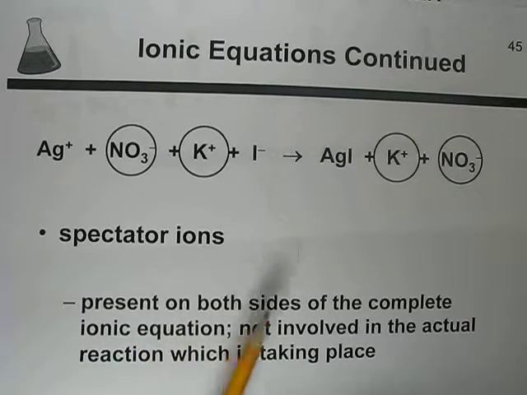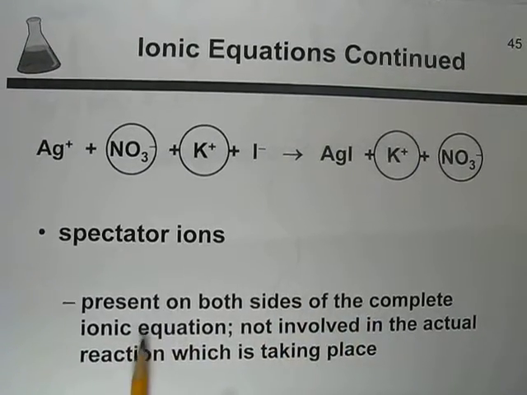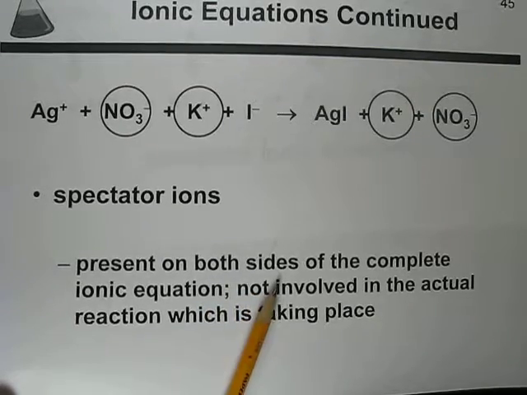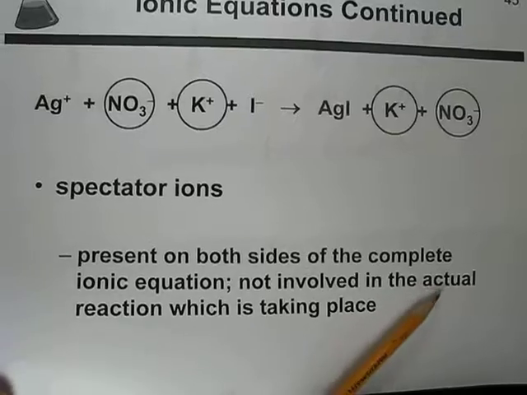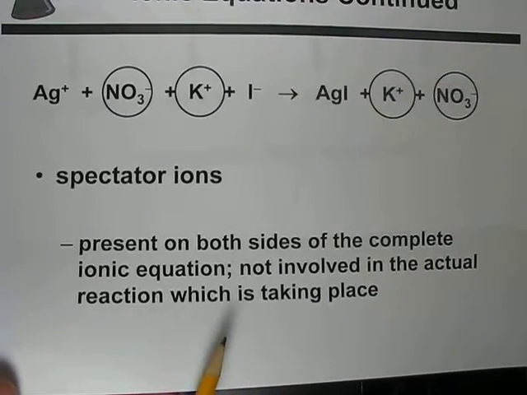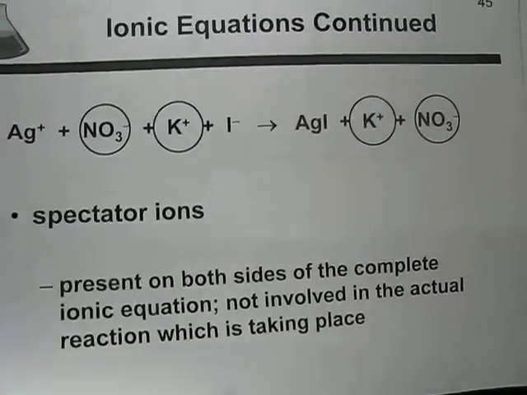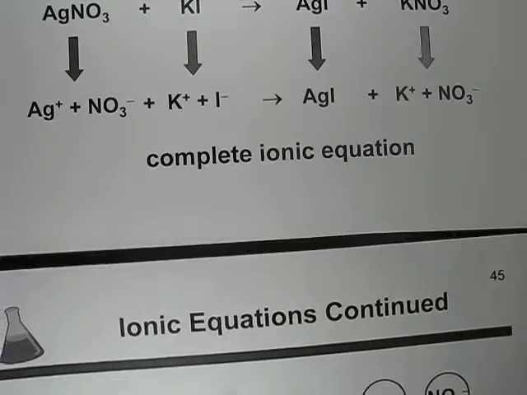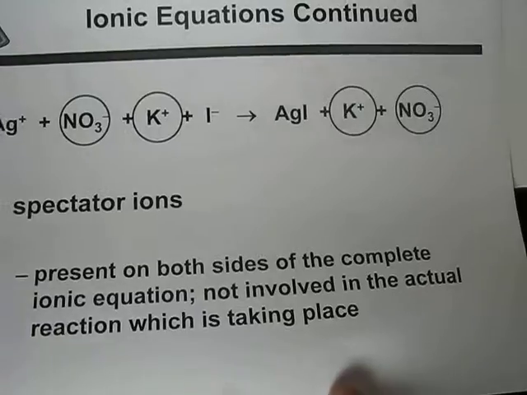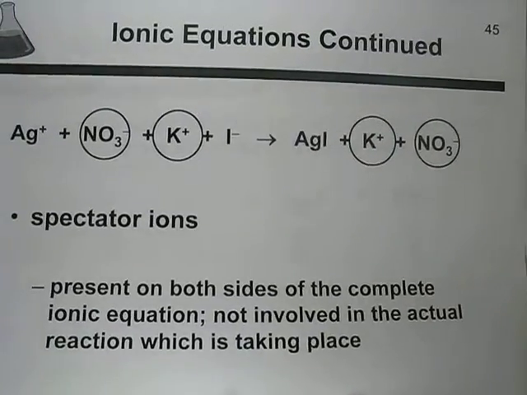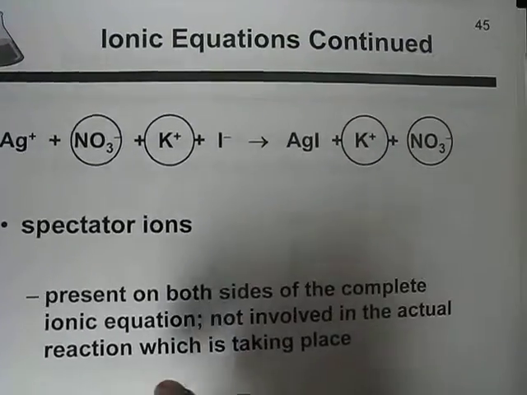The definition of a spectator ion is an ion present on both sides of the complete ionic equation and not involved in the actual reaction taking place. Spectator ions are those ions which are present on both sides, but they do not participate in any chemical reaction.